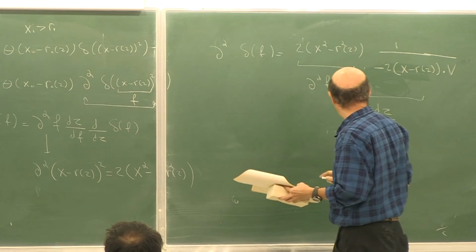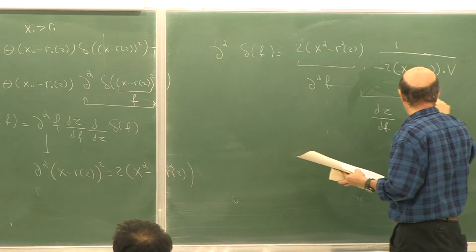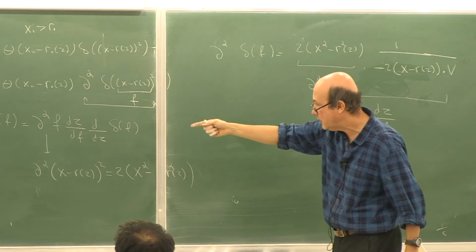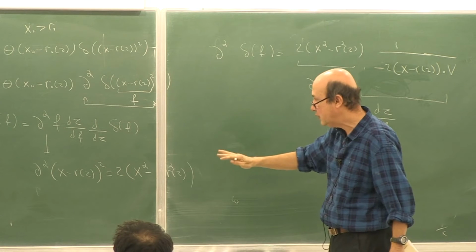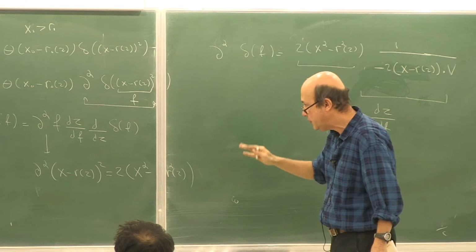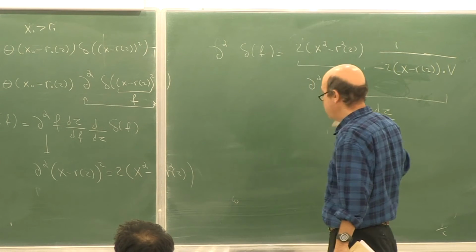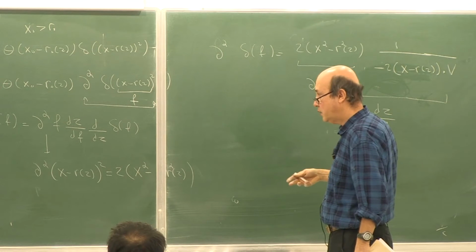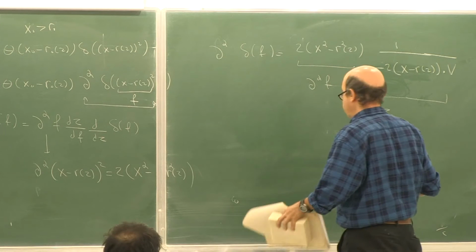I think this is correct. So take the inverse of this, not evaluating at tau equal to tau 0 in general. That becomes minus 1 over 2 times x minus r of tau scalar product with v in four dimensions.